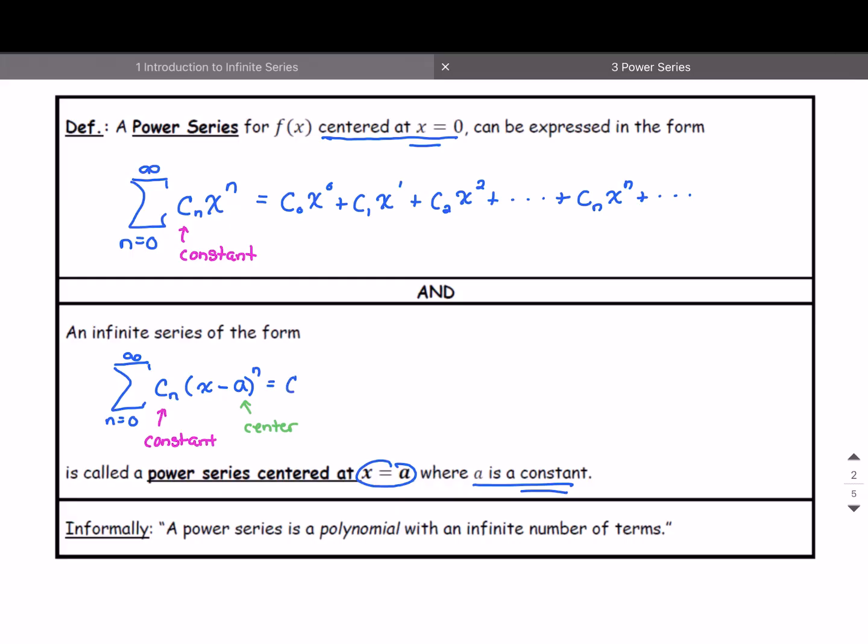So we would have c sub 0, x minus a to the 0, plus c sub 1, x minus a to the first, plus c sub 2, x minus a squared, and we continue in that pattern, c sub n, x minus a to the n, and it continues infinitely, okay? Now, a power series is also known as a polynomial with an infinite number of terms. An infinite number of terms in a polynomial, well, that's different, okay?